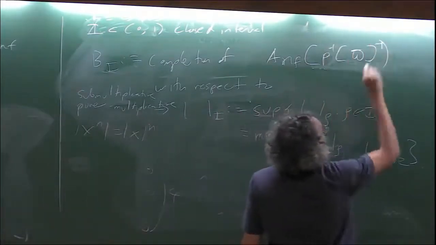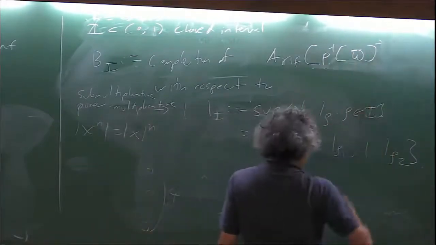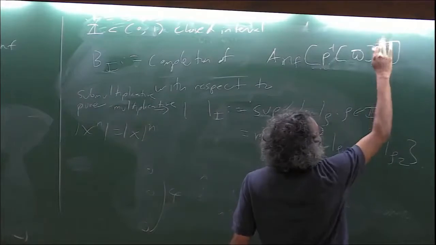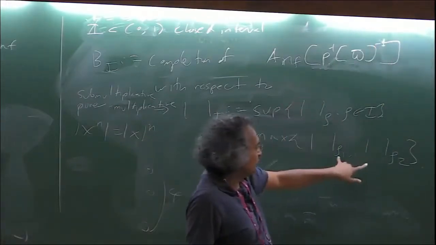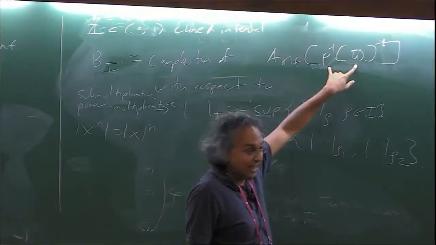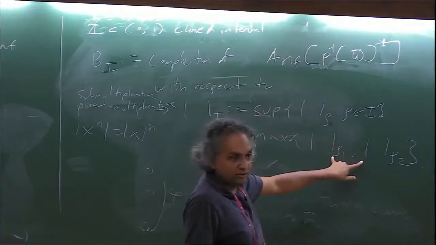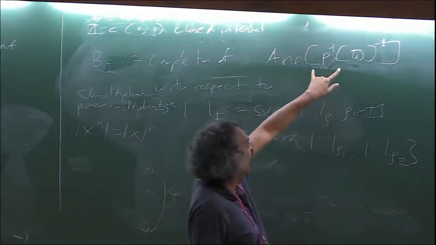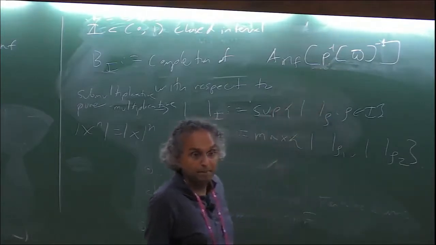So I'm going to take A and adjoin these inverses. Each of these norms extends by multiplicativity to this localization. It's an algebraic localization, so I can still talk about this. And now I have something which is genuinely not yet complete, so I have to complete it.